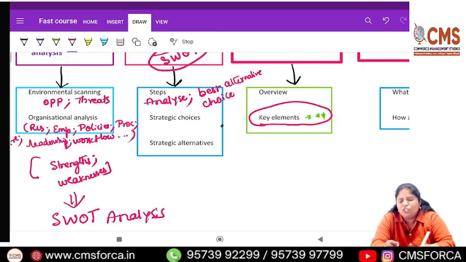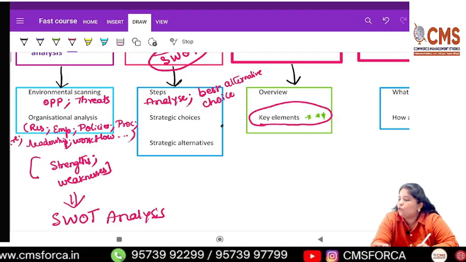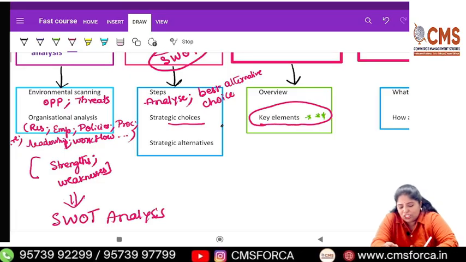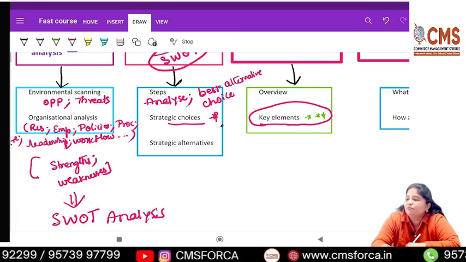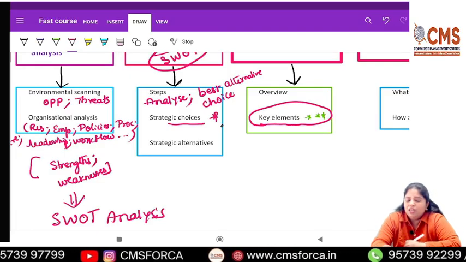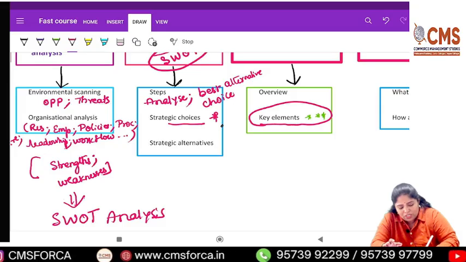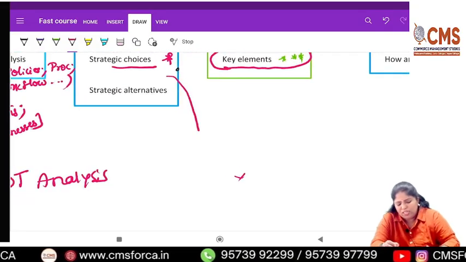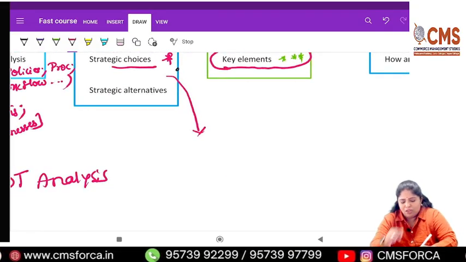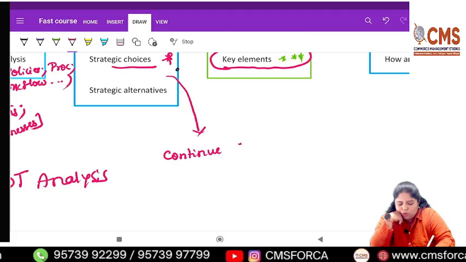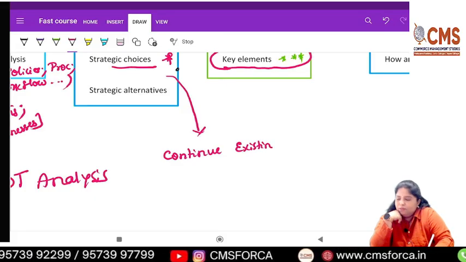Now, after doing so much analysis of various strategic alternatives, you can make your strategic choice. Important. Mark it up. Now, what strategic choices can an organization have? We know that already. It's an already known concept. We discussed it. Organization may decide to continue in the existing business.